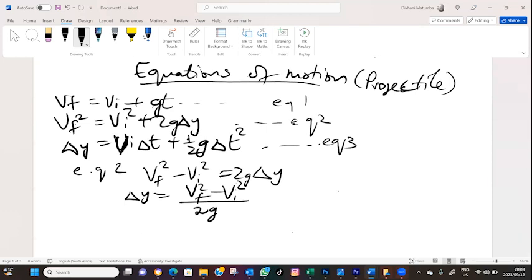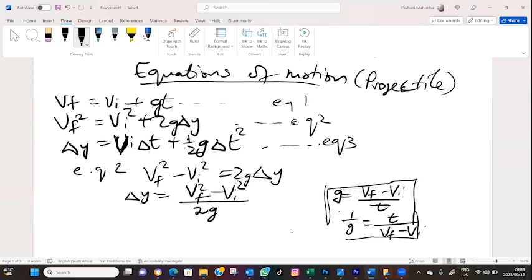Now, gravitational acceleration is given by your acceleration, which is the change in velocity, velocity final minus velocity initial over time. And you will agree that 1/g is given by t over v final minus v initial.